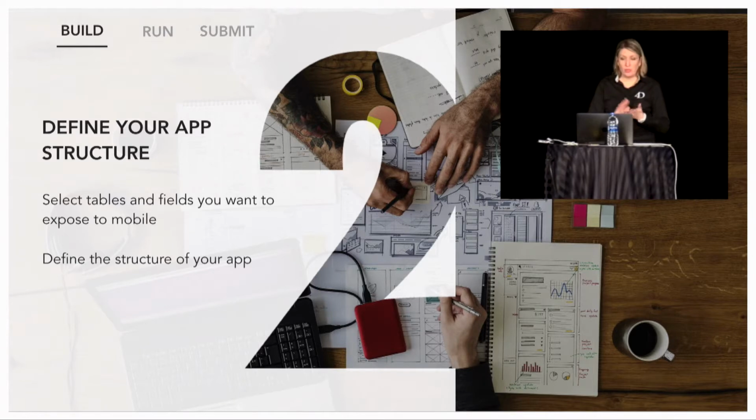So second step, you define your application structure. So you have your physical structure from the fields that are exposed to REST. With the 4D mobile option, you select a subset of the tables and fields that you want to use for your mobile app. And this subset is replicated in a local database inside the iPhone.